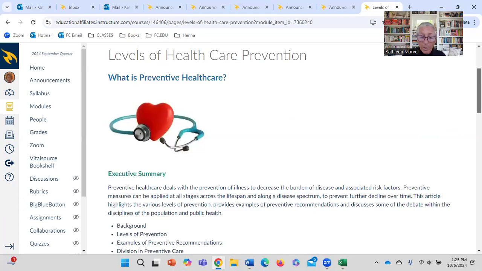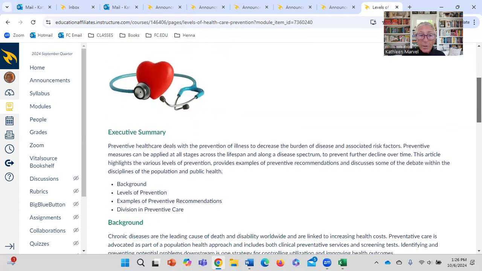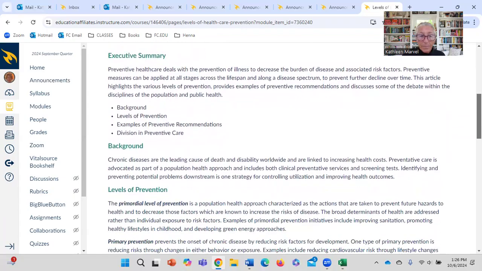We're talking about prevention of a problem, prevention of an injury, prevention of something before it even occurs. Examples would be talking about helmet safety, seatbelt safety, immunizations. You're trying to prevent something before it even occurs.